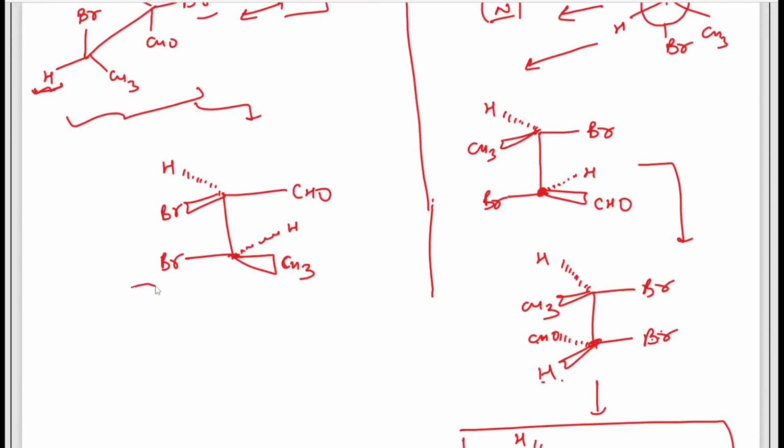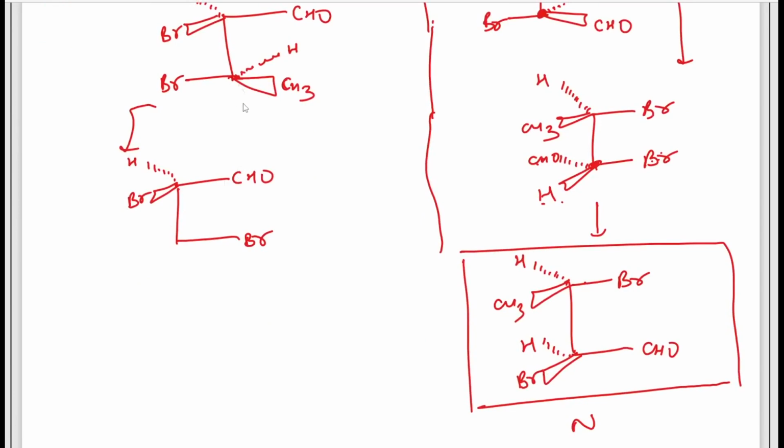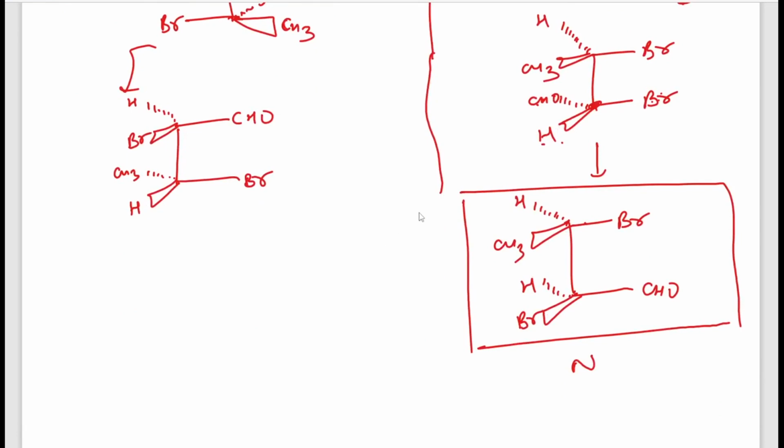So we can also rotate this bond. After rotation, this methyl group which was above the plane will now be below the plane and hydrogen will be above the plane. This is the structure of M, and we have to compare this structure with this.